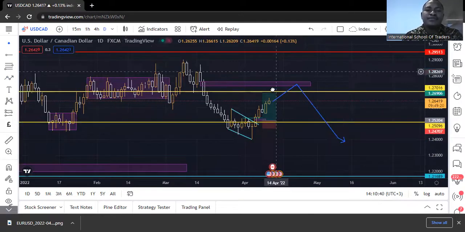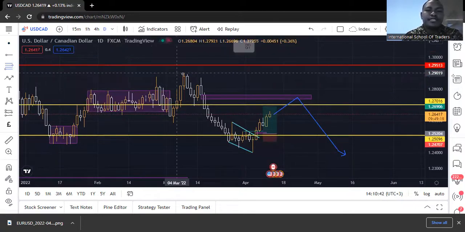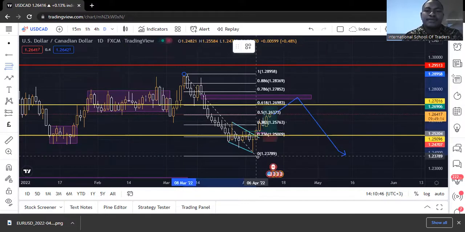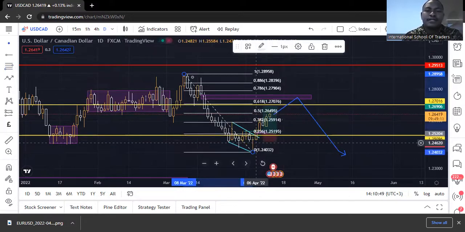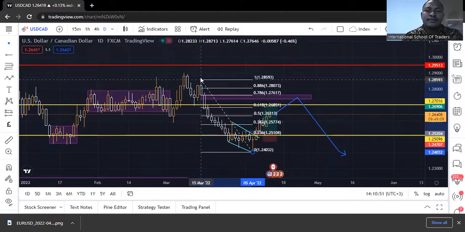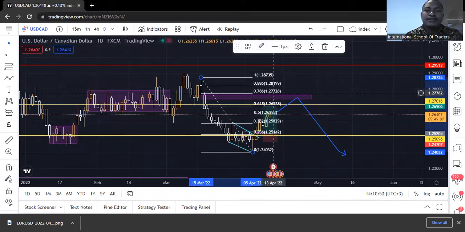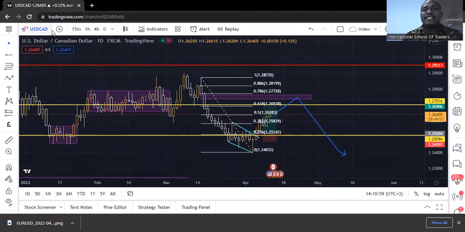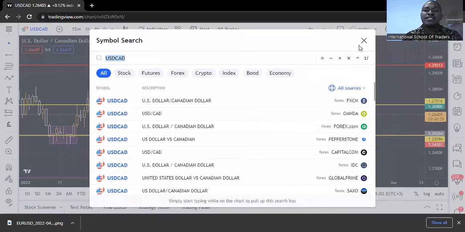I believe it should be around 78.6. Let's use this high. That should be around 78.6 on this area and then continue towards the downside. Cool, so that is the expectation, nothing to take there.